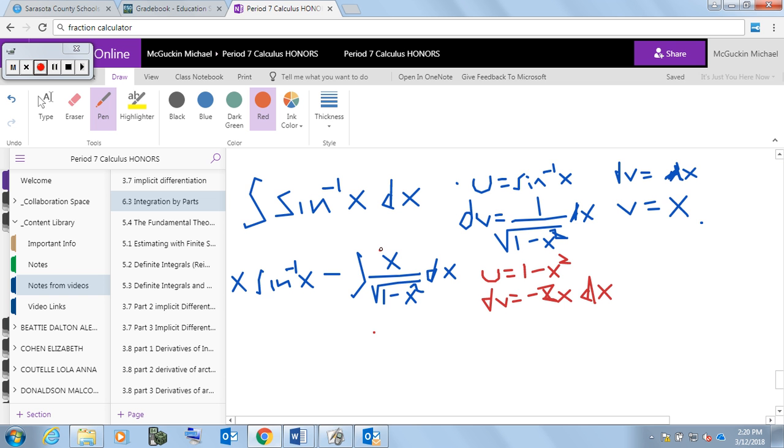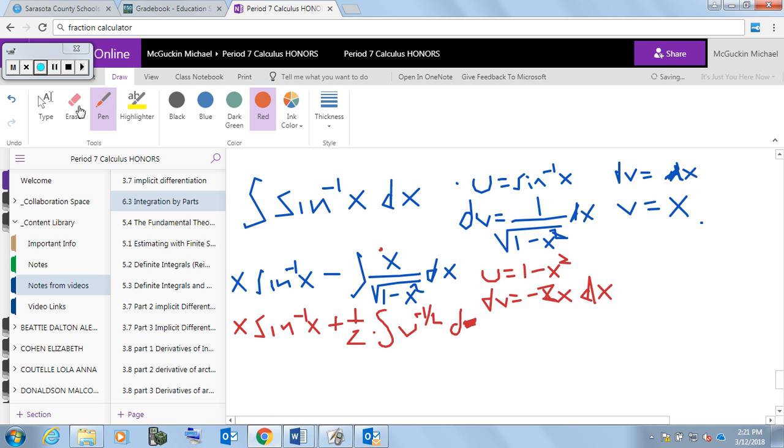Going through our u substitution, this is going to look like x times the sine inverse of x plus 1/2, because negative negative makes positive, of the integral of u to the negative 1/2 power, or 1 over the square root of u, and then du.